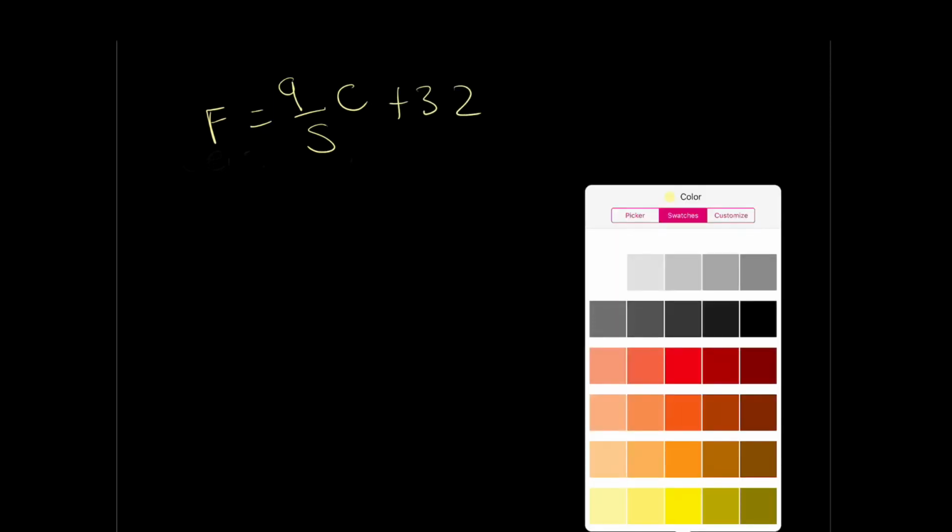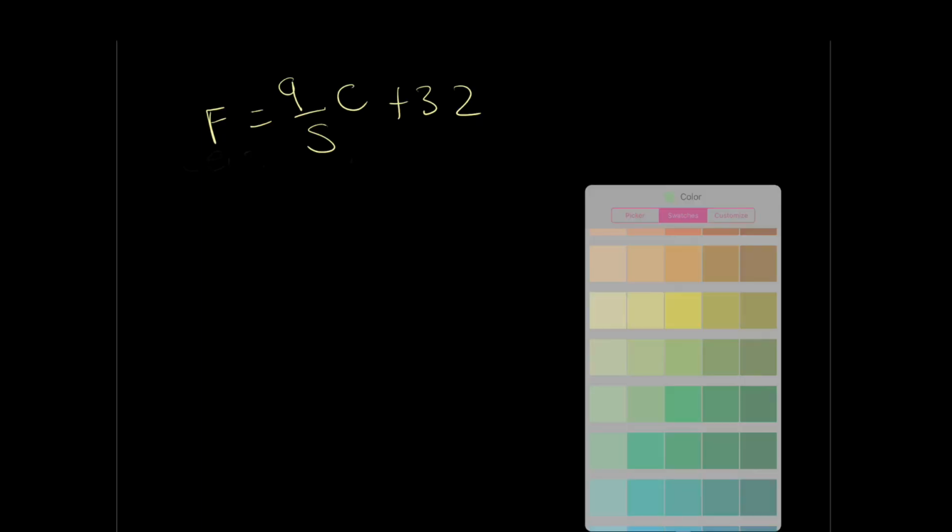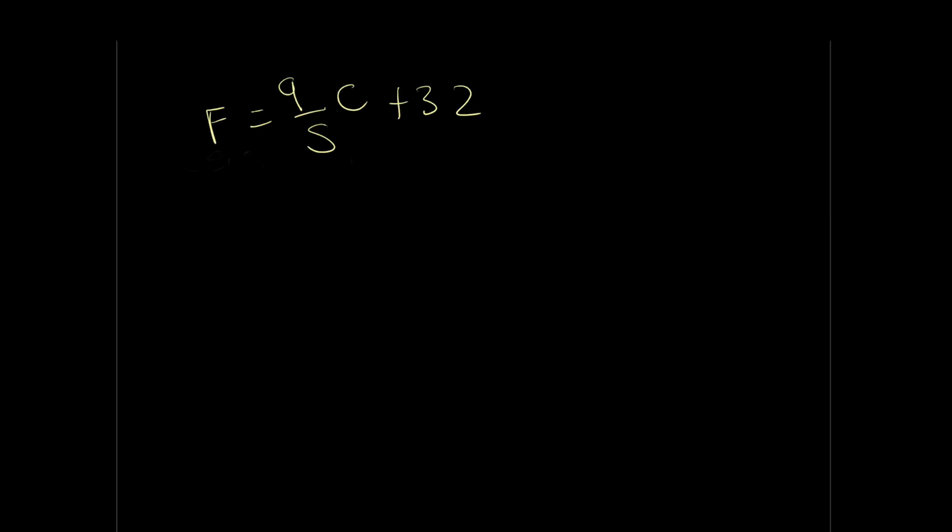Your two equations were F equals 9/5 C plus 32, and your second equation was C equals 5/9 times (F minus 32).